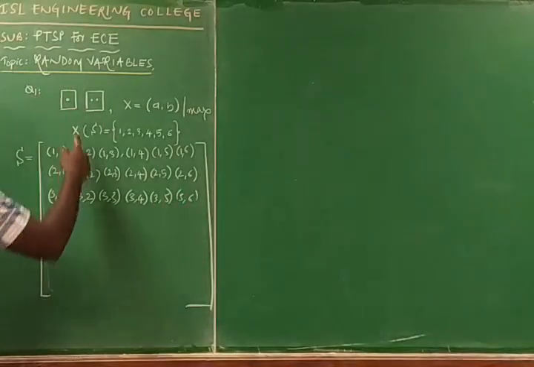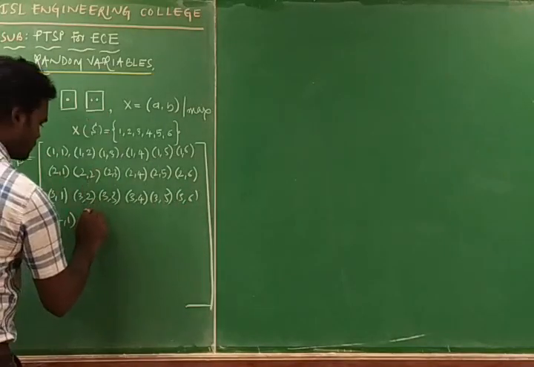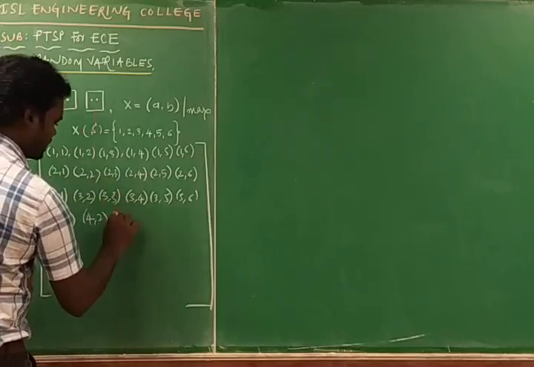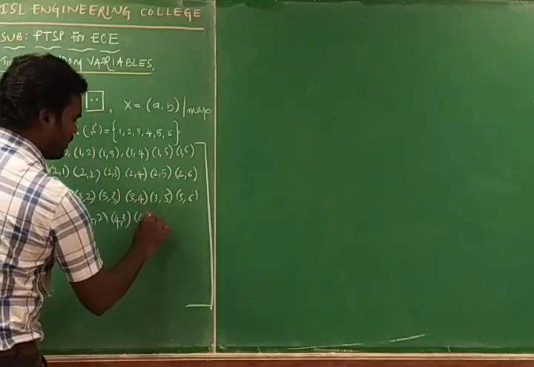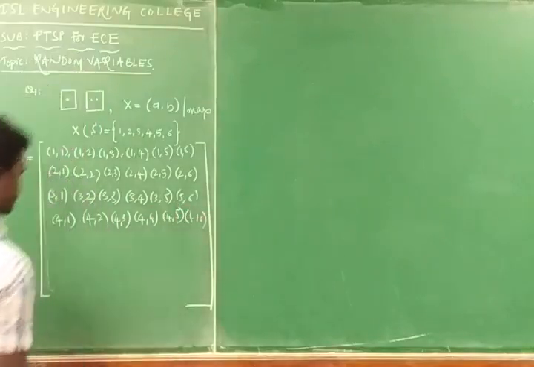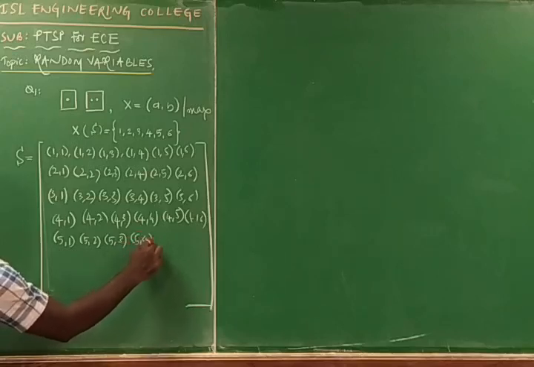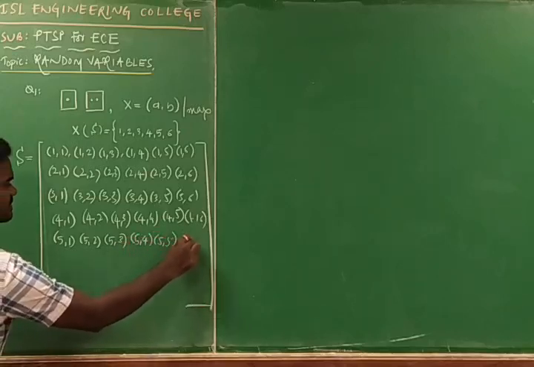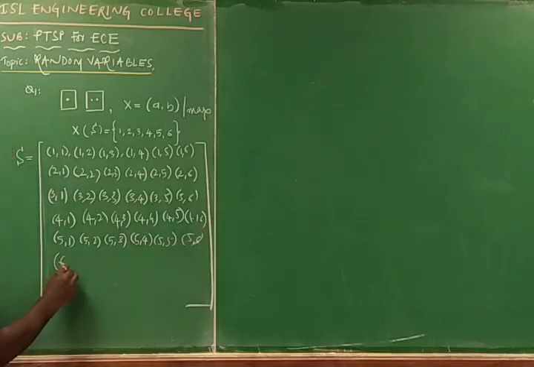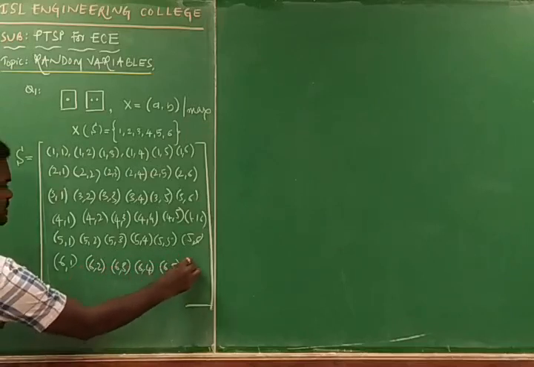If we throw again, this is 4,1; 4,2; 4,3; 4,4; 4,5 and 4,6. Next one, 5,1; 5,2; 5,3; 5,4; 5,5 and 5,6. Next one, 6,1; 6,2; 6,3; 6,4; 6,5; 6,6.